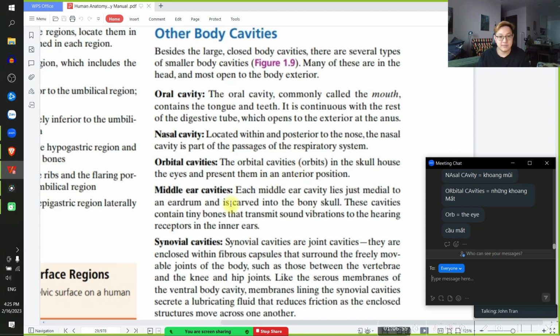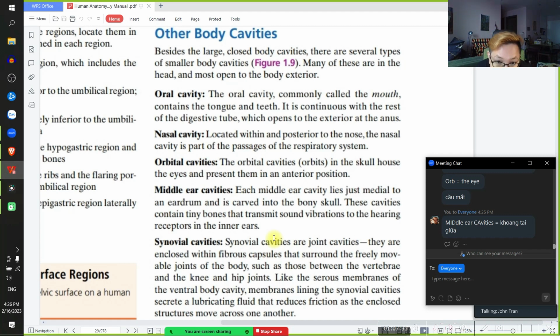Okay, we have middle ear cavities, khoang tai giữa. Khoang tai giữa tức là trong cái lỗ tai cũng có khoang. This middle ear cavity lies medial to the ear and it's carved into the bony skull.